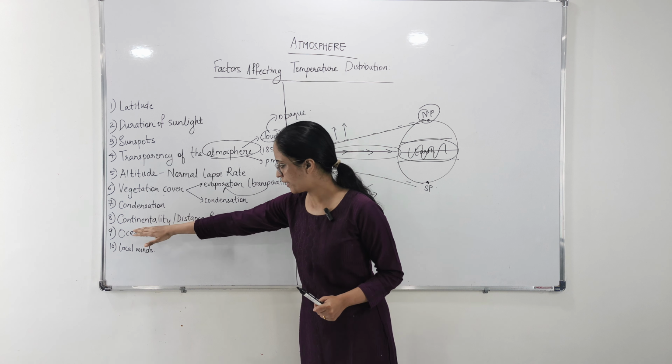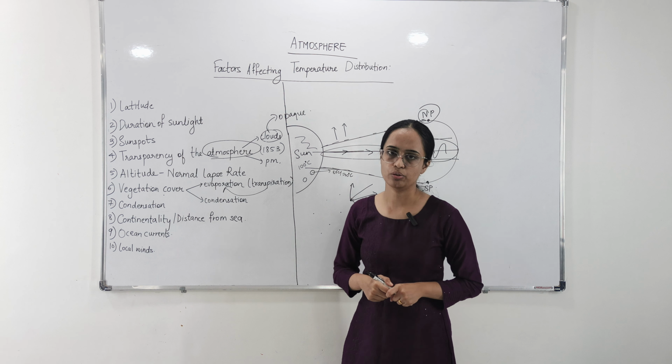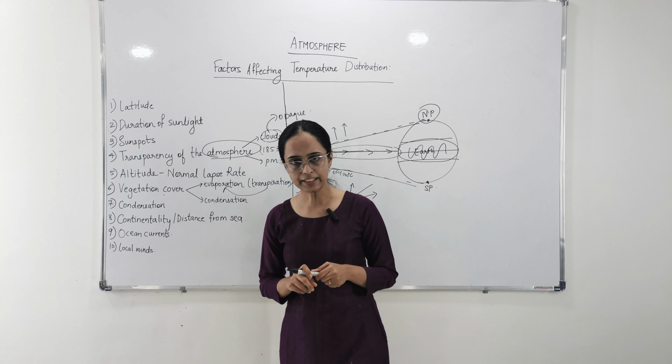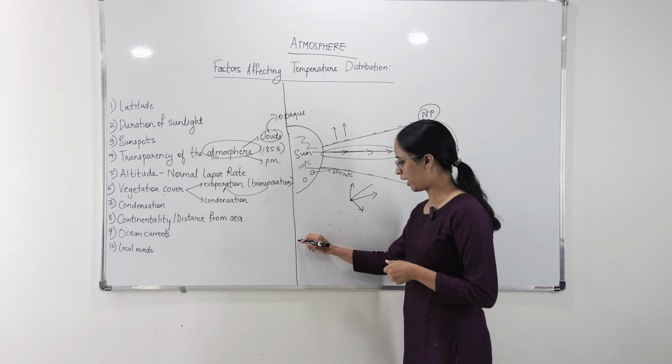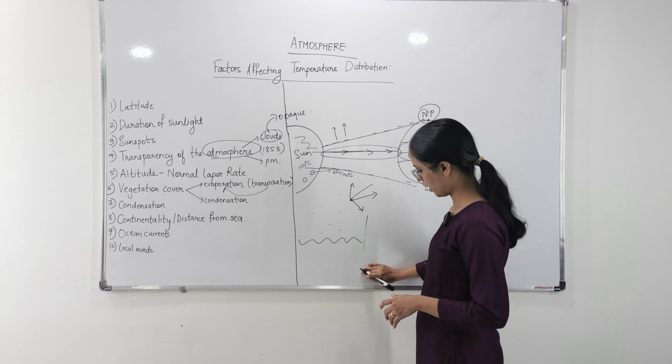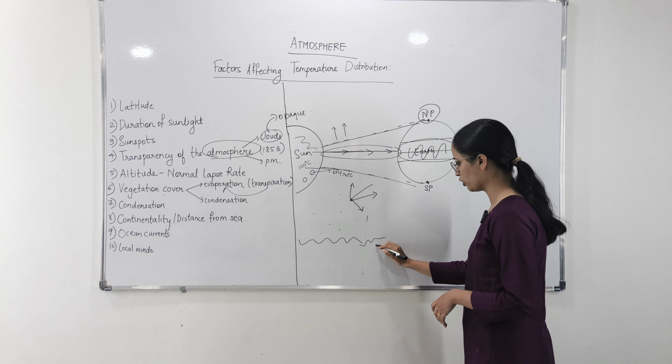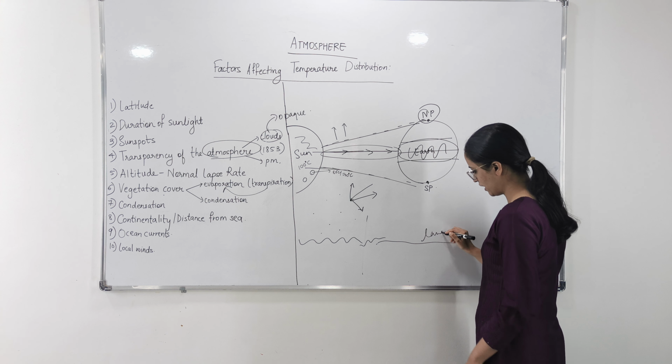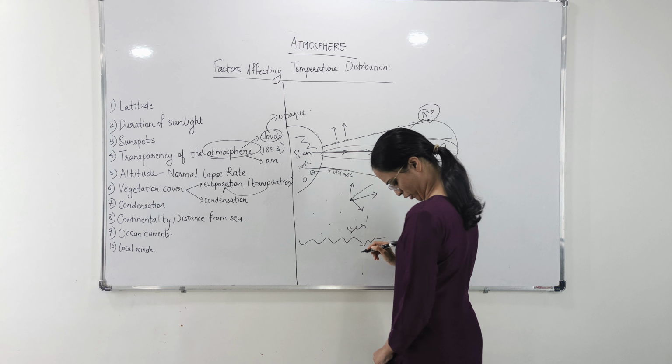The next is continentality, or distance from the sea. What do we mean by continentality and distance from the sea? Normally, if this is the sea, and after a certain point you have the normal land. So this is land and this is your sea.